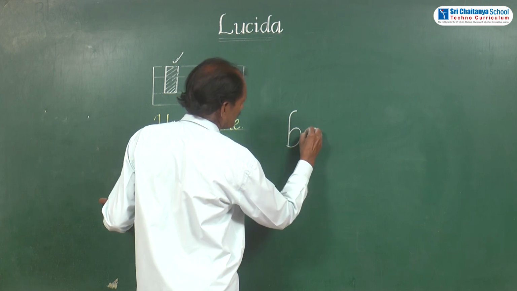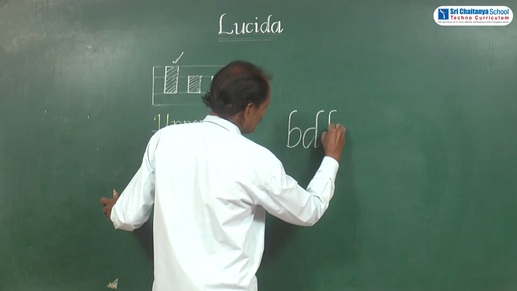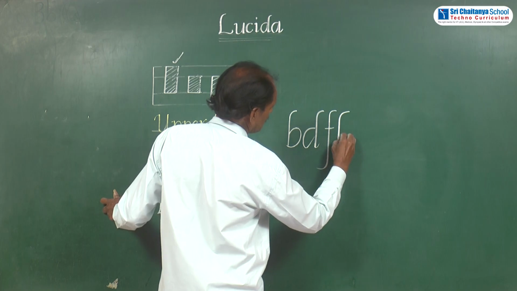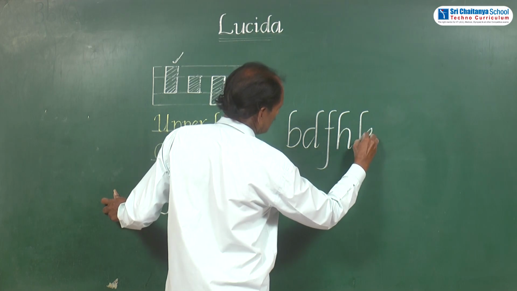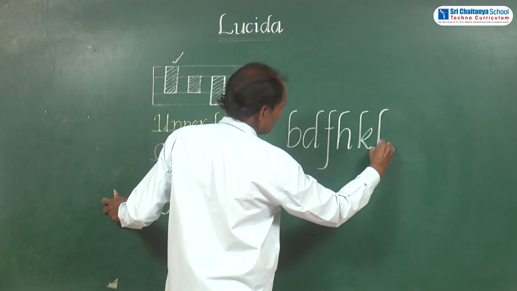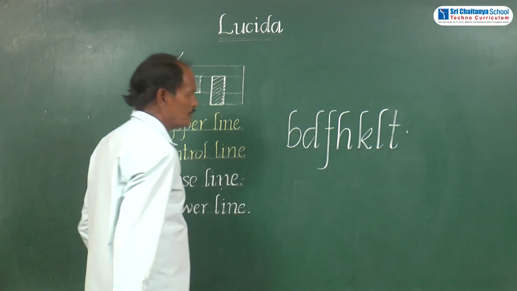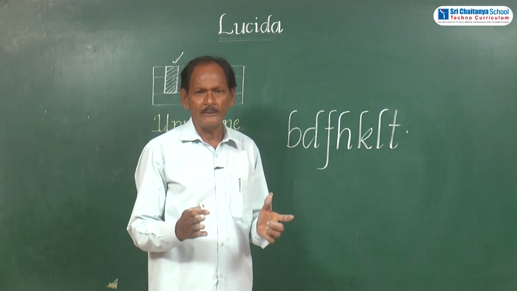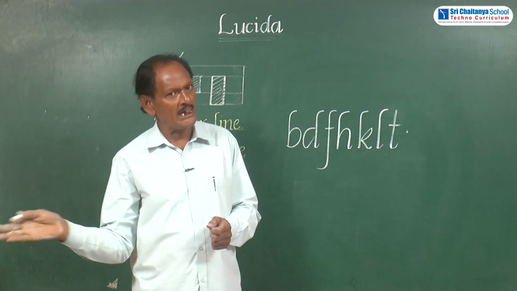B, D, F, H, K, L and T. Actually, practicing in 4 lines is the correct way of practicing the handwriting.